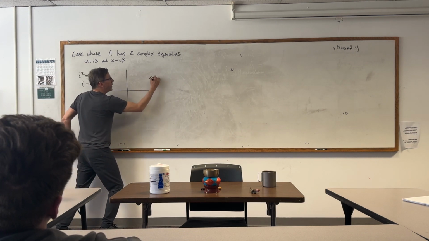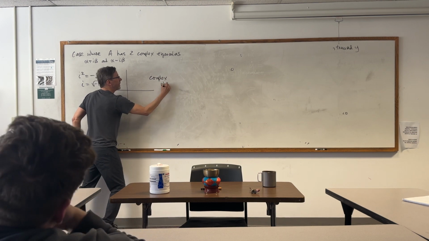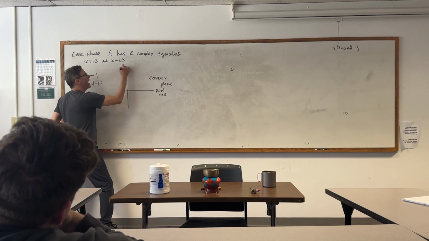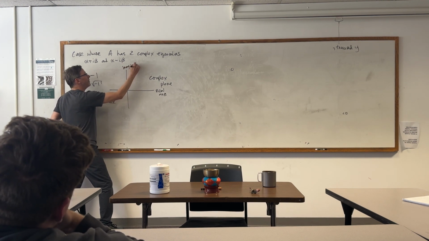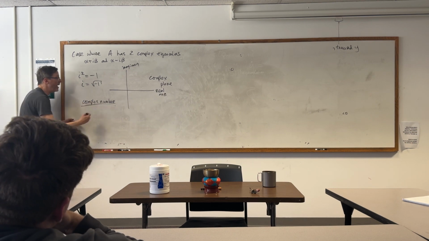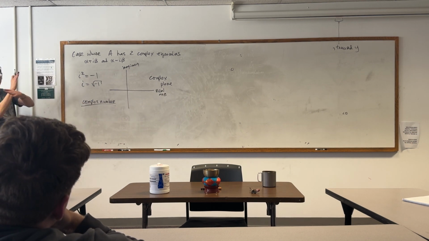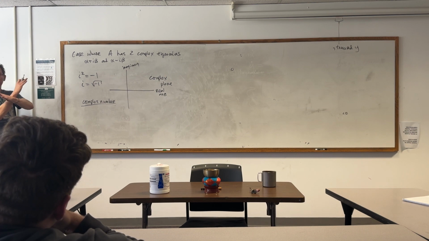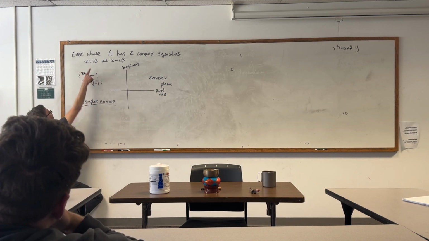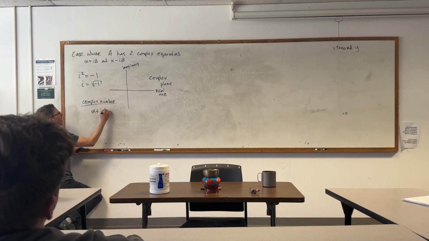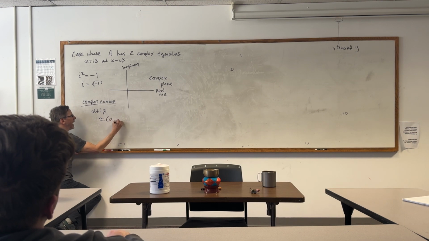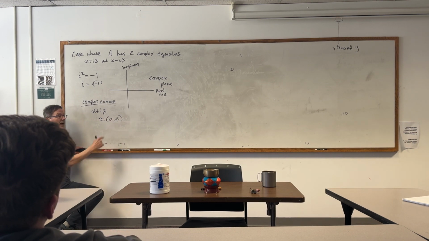This is called the complex plane. The complex plane has a real axis and an imaginary axis. And the really cool thing is you can think of complex numbers almost as points in the plane or vectors, almost interchangeably. So the complex number alpha plus i beta you can think of as the point in the plane alpha comma beta, x, y.